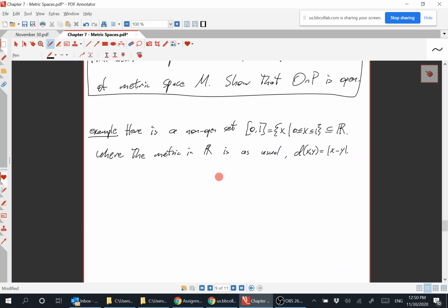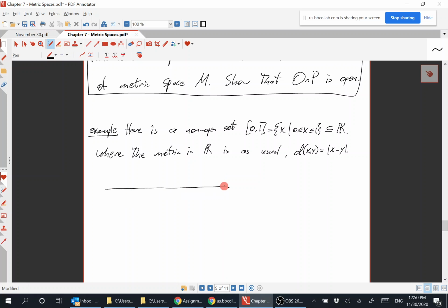Now this set is not open. Why is it not open? Here's 0, and here's 1. Why is this closed interval not open? There does not exist an open ball that stays inside that set.